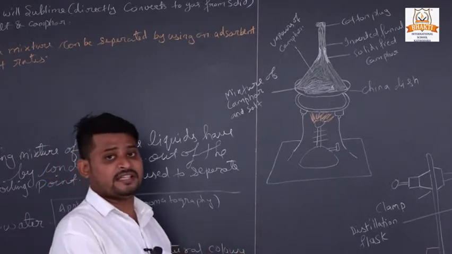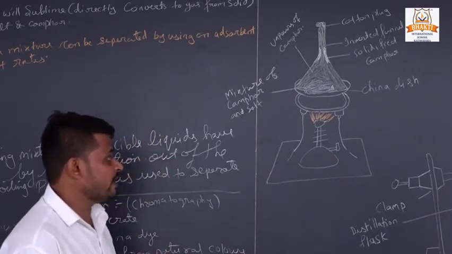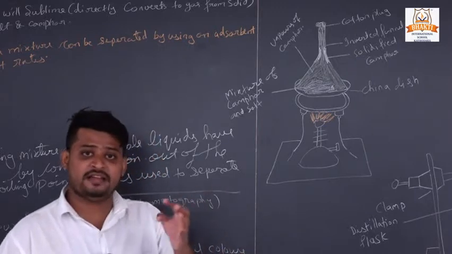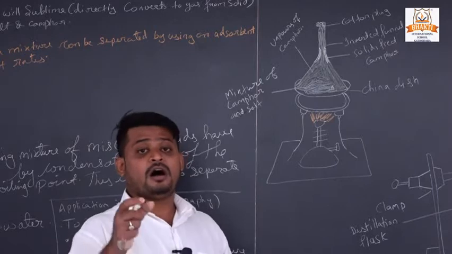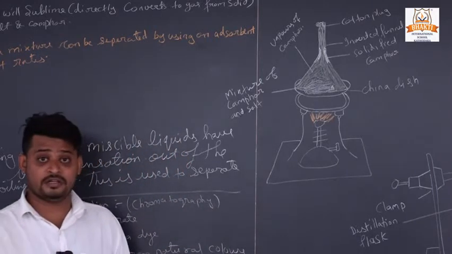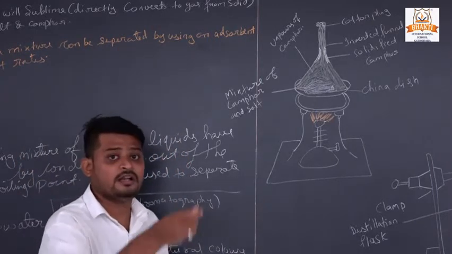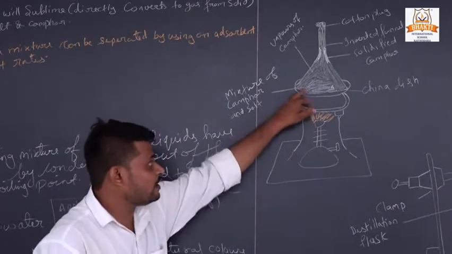What we are doing in this activity: first we take a burner and put a china dish on it, and we put an inverted funnel on the china dish.